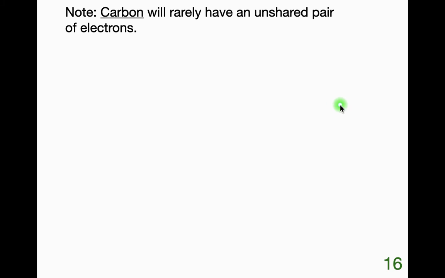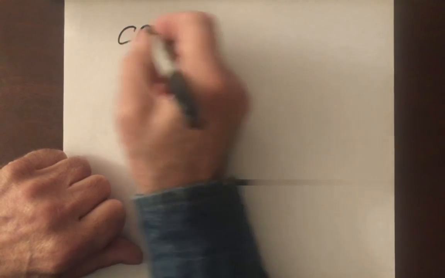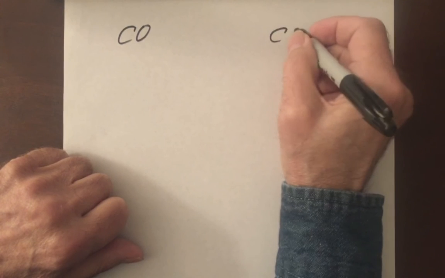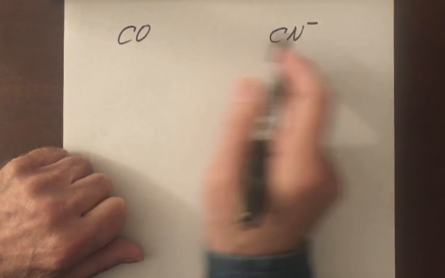Last, let's take a look at carbon. Carbon will rarely have an unshared pair of electrons. But there are 2 exceptions. Both are notoriously toxic. So let me show you those. They are carbon monoxide and cyanide. Both very well-known dangerous substances.